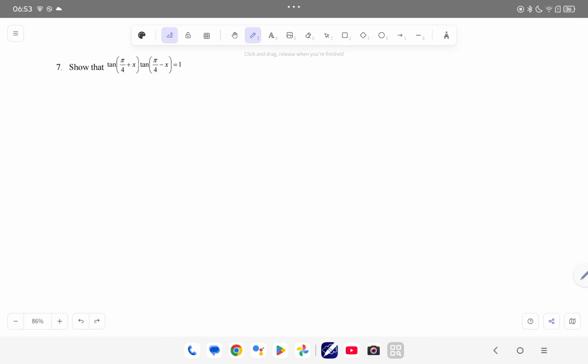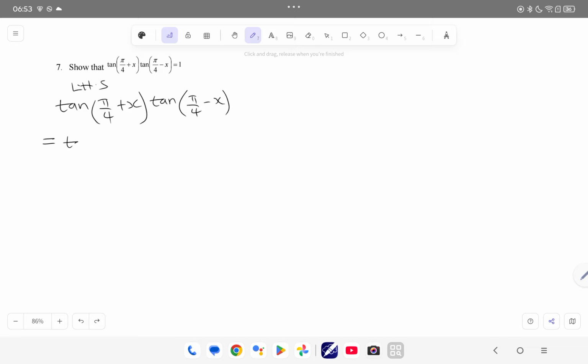Don't forget that pi over 4 in radians is the same as 45 degrees. Pi over 4 plus x tan pi over 4 minus x is equal to 1. Still begin on the left, tan pi over 4 plus x tan pi over 4 minus x.